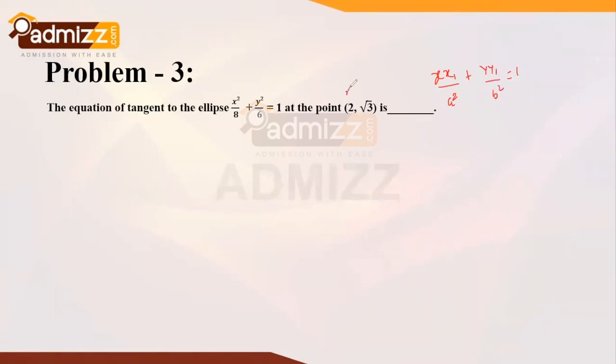And over here we have the values of x1 and y1 to be 2 and root 3, which is already stated. So a simple substitution and further simplification will bring down the answer of the given problem, that is the equation of tangent. So let's have a look at the equation values, and let's try to simplify this.